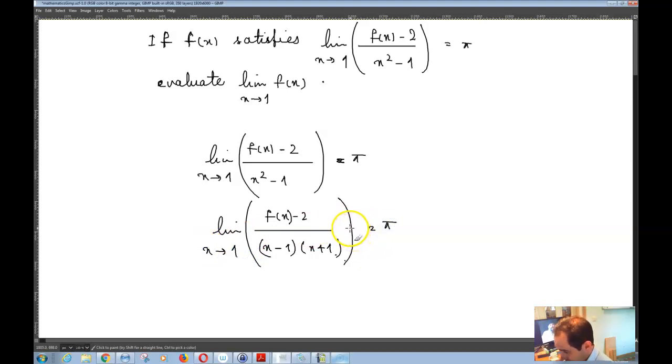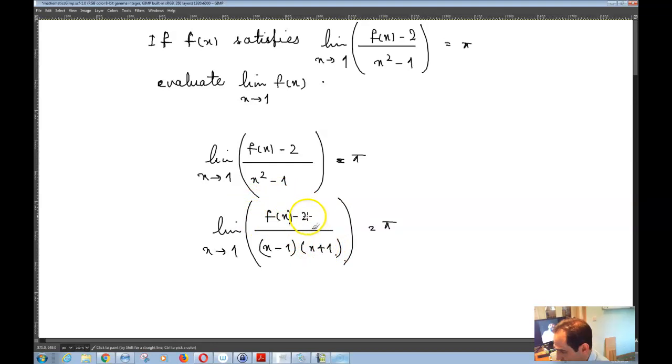And that means that if you calculate f of x minus 2, either x minus 1 or x plus 1 has to be a common factor of f of x minus 2.